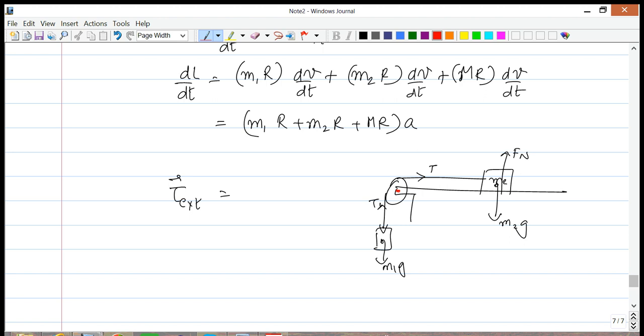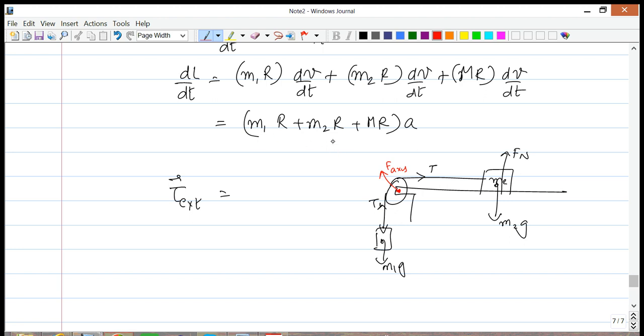But whatever force this axis may exert, this force is going to be responsible for zero torque about the axis itself, because the moment arm is zero. So that torque will be zero. The torques due to M2g and the normal force Fn are in equal and opposite directions about this point.